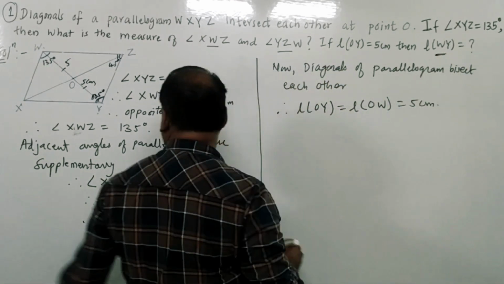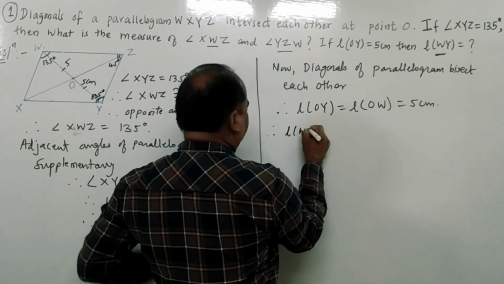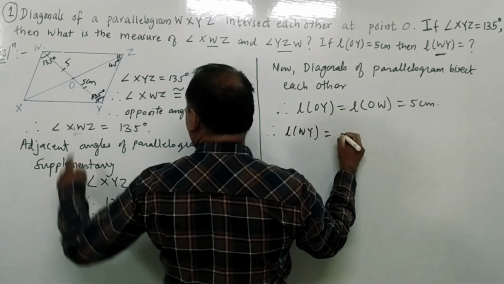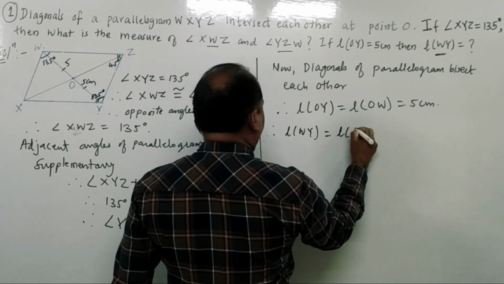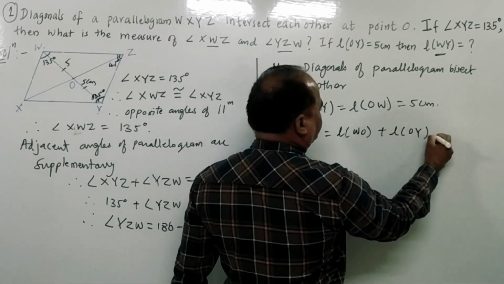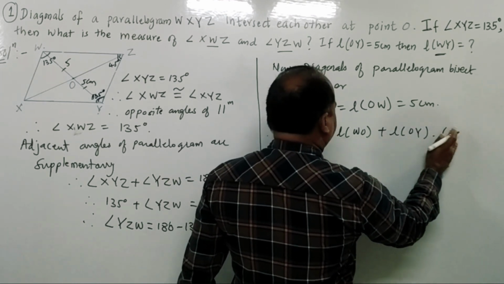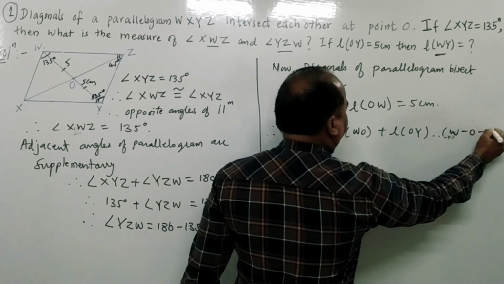Now we have to find WY. So WY is equal to length WO plus OY, that is W-O-Y.